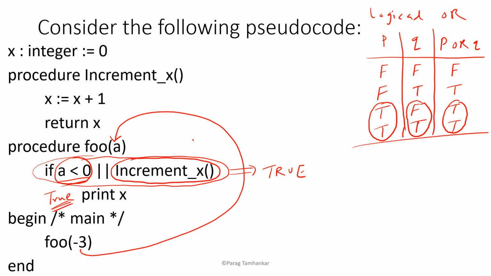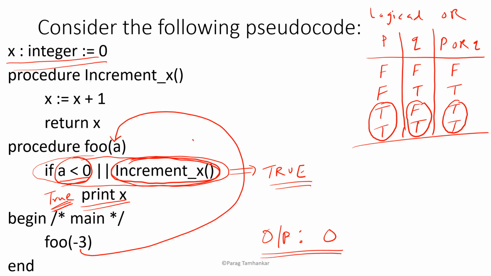So the entire if happens to be true without executing increment x. So we simply print the value of x, and the value of x is still 0. So since short circuit evaluation is in effect, the output of this program happens to be 0.